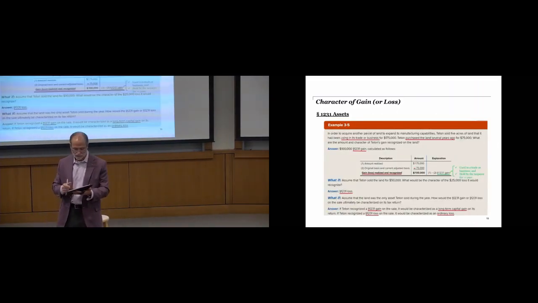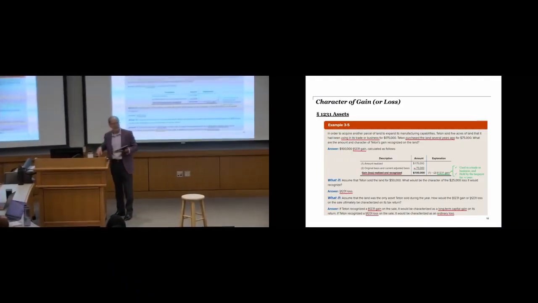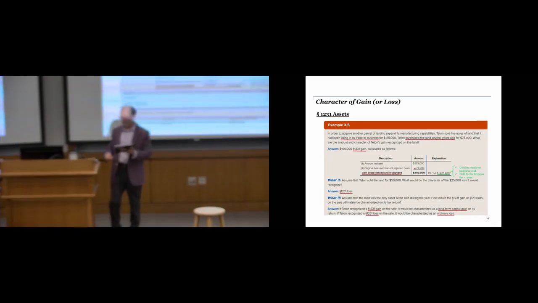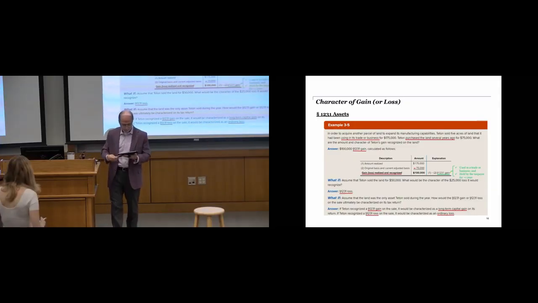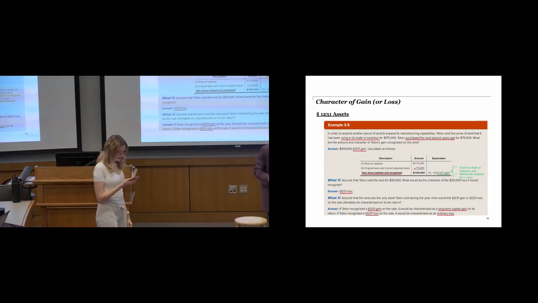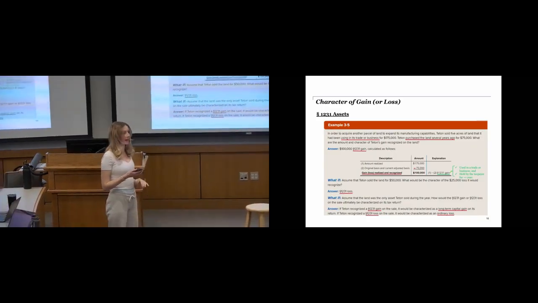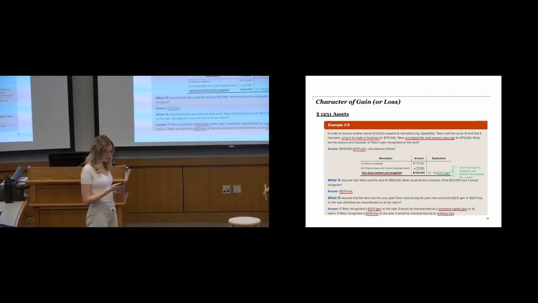Okay, let's show some of these in some examples. 3.5 is Lillian. Teton sells land, property used in trade or business and held for over 1 year. This makes it a section 1231 asset.